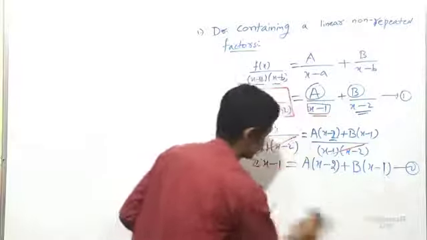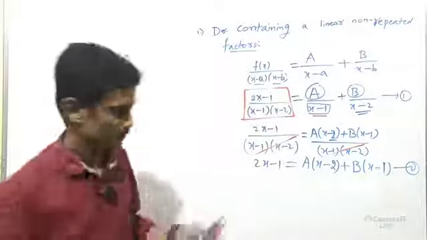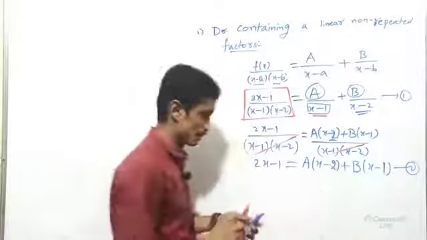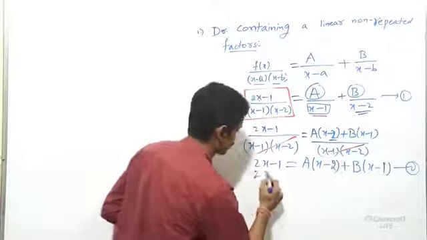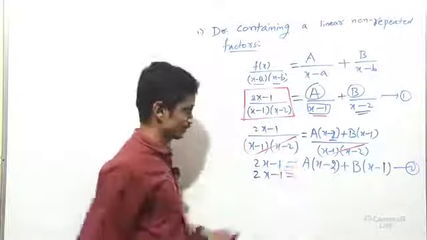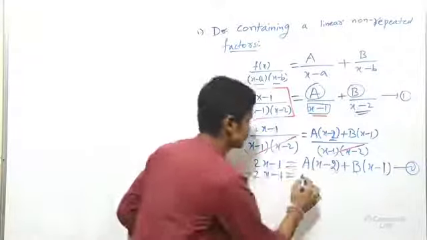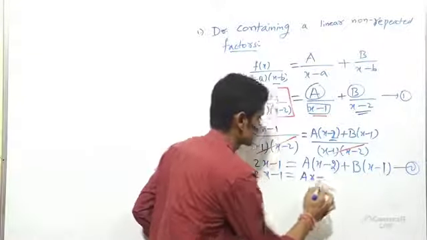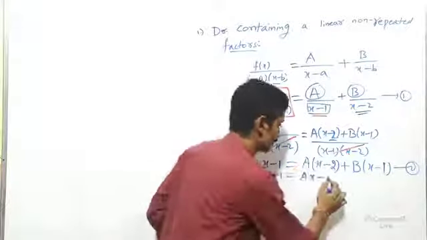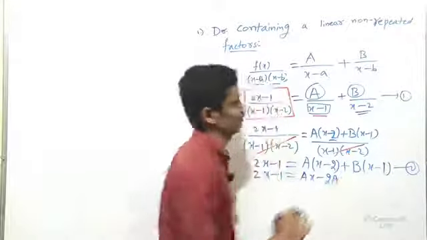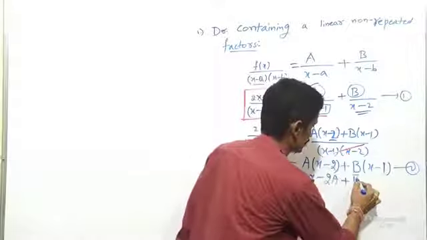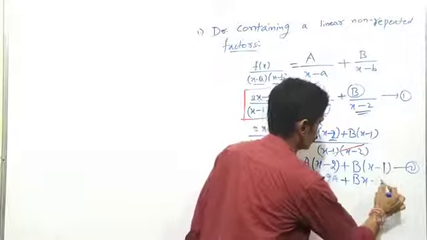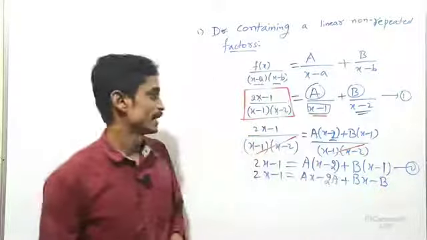Up to equation number 2 common, we just remove the bracket on the RHS. So the LHS keeps as it is, and a into x is ax, right? A into 2 will be what? 2 times a, right? Next, b into x is bx, and b into 1 will be minus b.